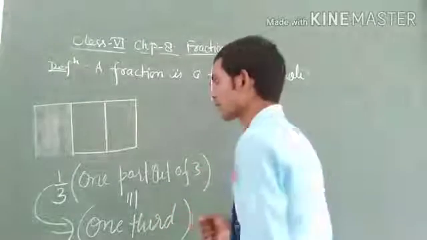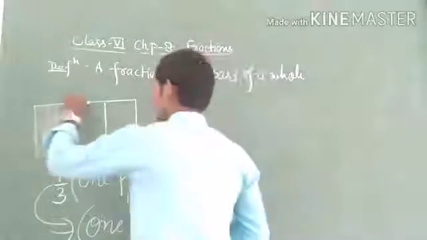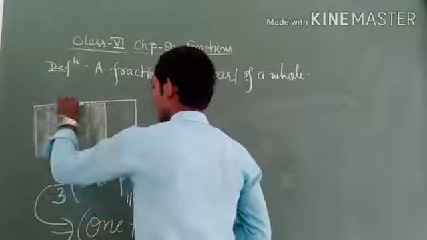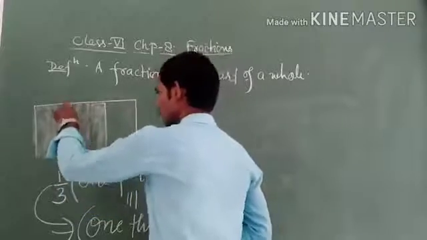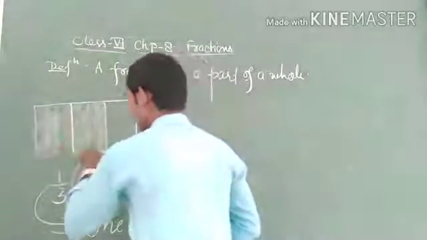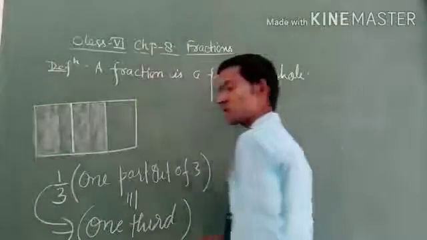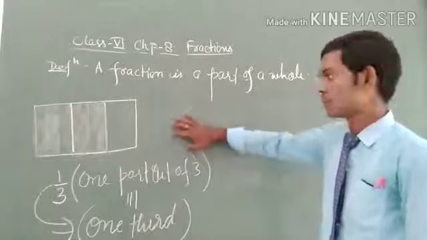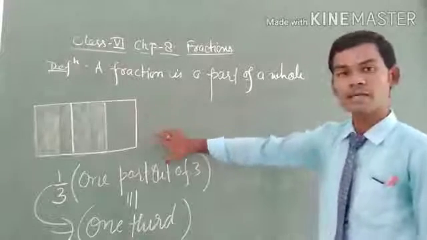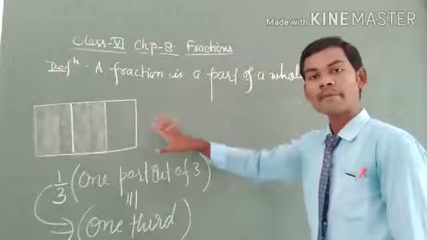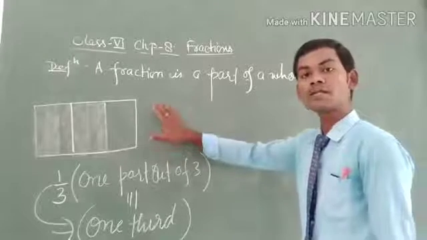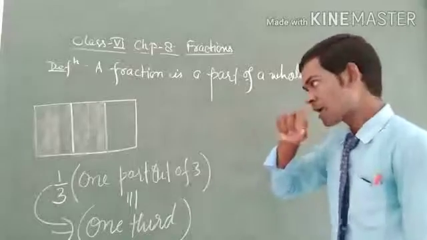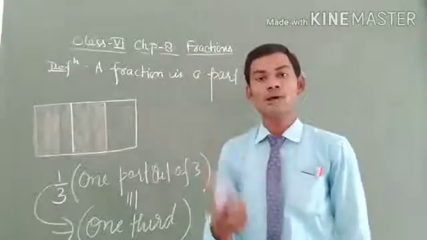And in the next, if we shade two of its parts, then here we have taken two parts out of three. Therefore, this figure represents that we have taken two parts out of three. Okay, how many parts we have taken and from how many?